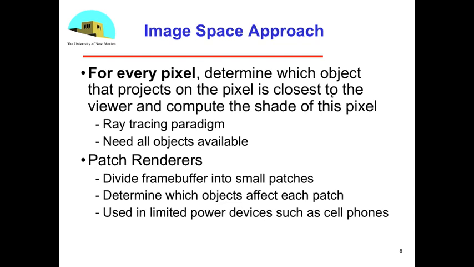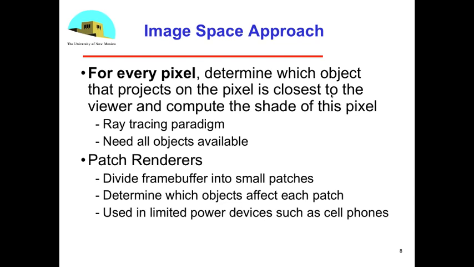Now, one approach that falls in the middle is the patch renderer, and the reason I mention them is that as handheld devices and smartphones become more prevalent and their computing power keeps increasing, the renderers we see on them are somewhat different from those in either the image space or the object space approach, primarily because you have to do things with low power, and that's your prime consideration.